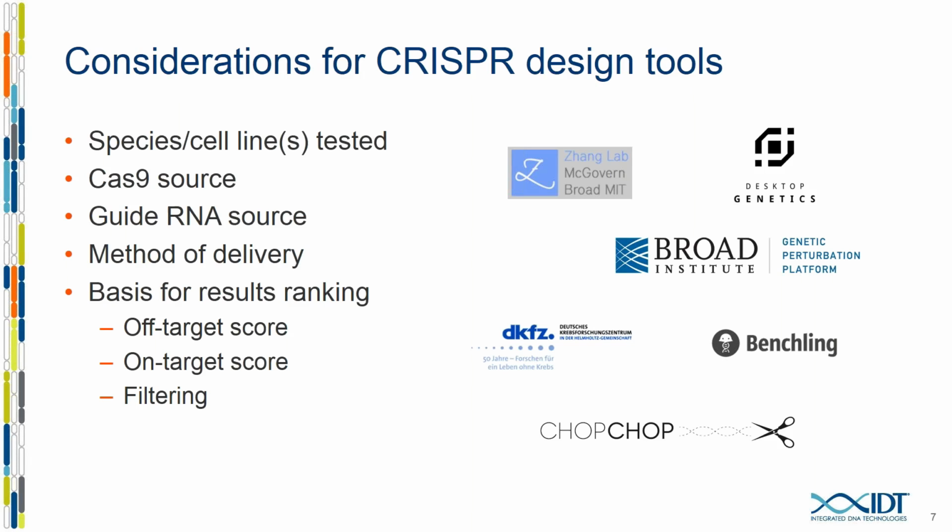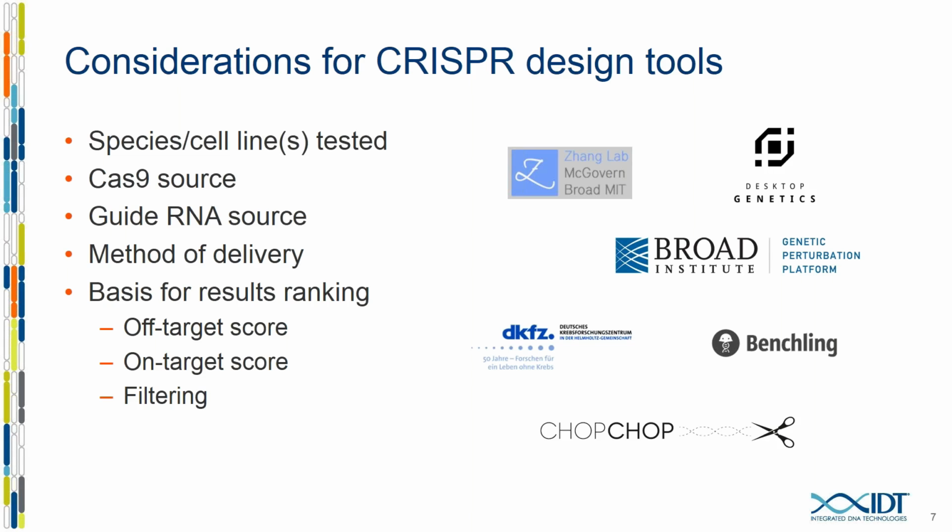But when you switch from that type of delivery method to a DNA or direct RNA delivery of a guide, or even a ribonucleoprotein delivery of Cas9, we actually see that there isn't always strong correlation between the guide RNA design and what's effective in one system versus another. So the source of these components and the method for delivery can make a big difference in how effective a particular guide sequence might be.